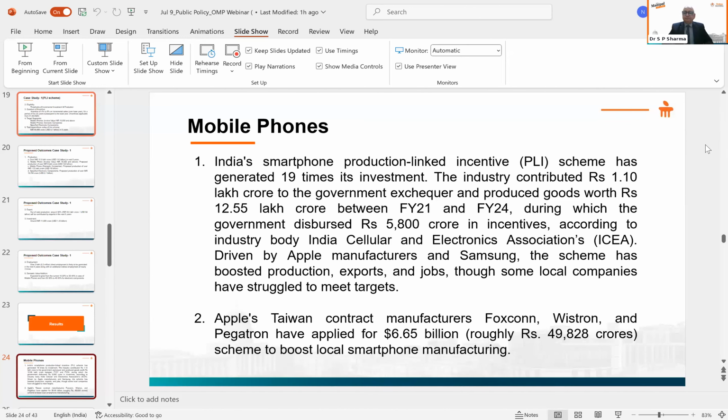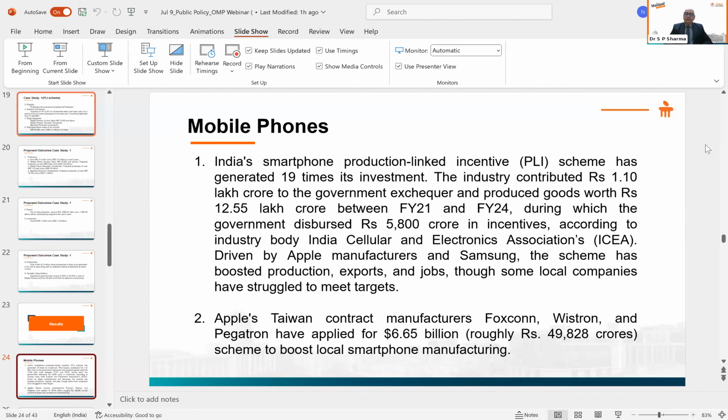This industry contributed 1.10 lakh crore to the government exchequer, which is very strong, and produced goods worth rupees 12.55 lakh crore between the 4 years of FY21 to FY 2024.